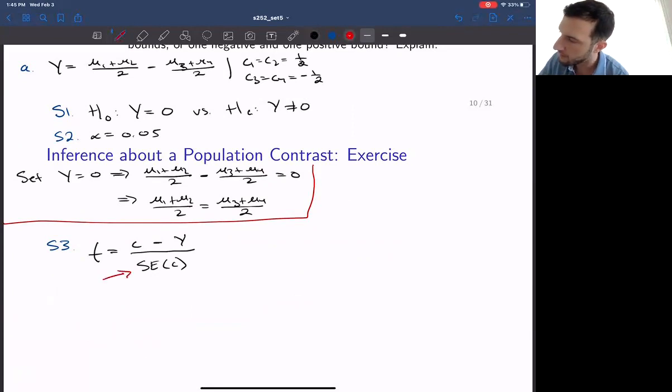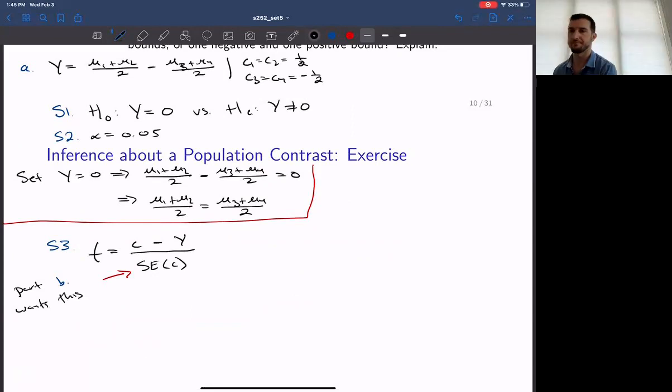So part B wants this. But let's just look at the whole thing so that we have an illustration of it. First, gamma equals 0 because of the null hypothesis.